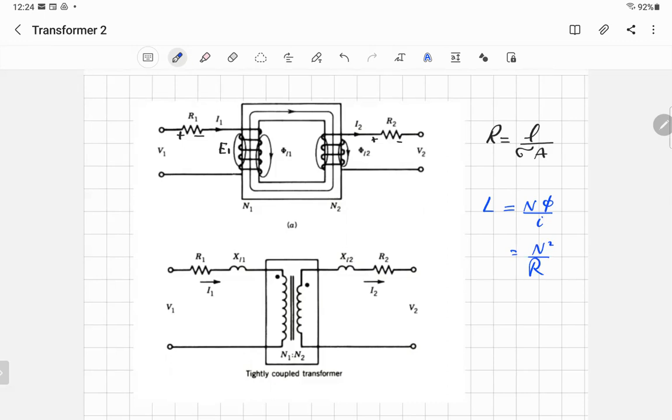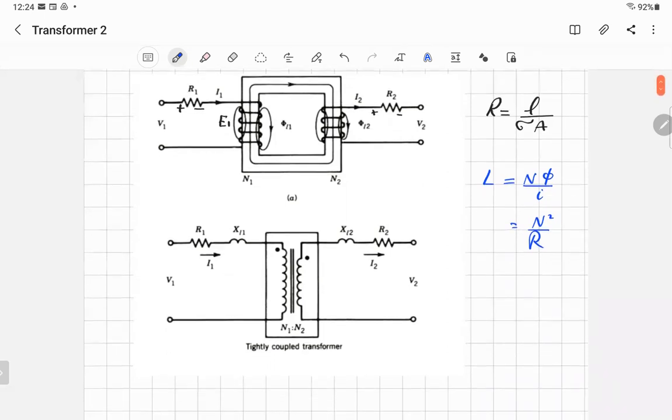All right. I'm going to use this formula to study the effect of phi L1. Phi L1 is the leakage flux related to winding number one, or the primary one.